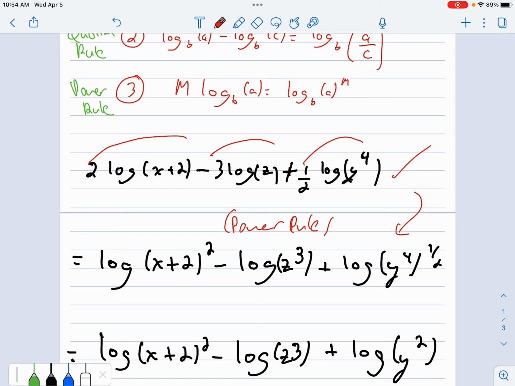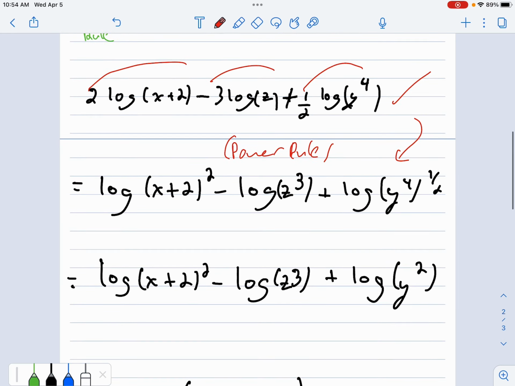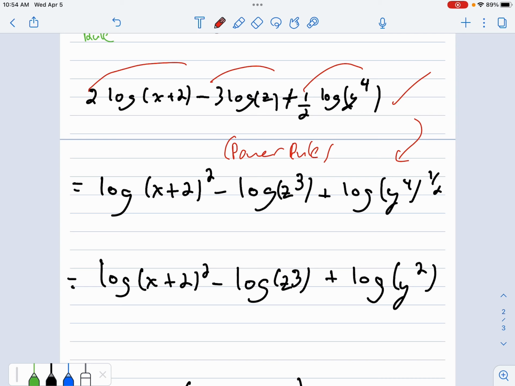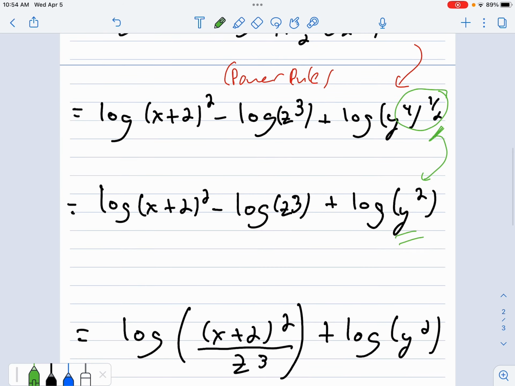Okay, so this now becomes log of x plus 2 squared minus log of z cubed plus log of y to the 4th to the 1/2. Okay, and from this step, in green this time, right here, 1/2 times 4 on the exponent is 2, so that's why we get log of y squared.